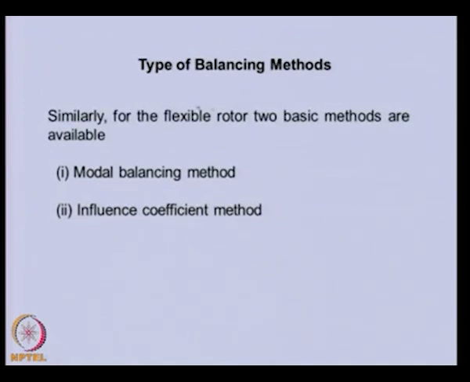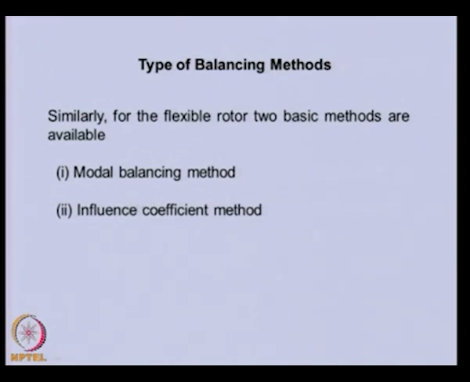In flexible rotor balancing, again there are two basic methods. One is the modal balancing method, in which we try to balance the rotor for various modes: first mode, second mode, third mode, like that. The second is the influence coefficient method, which is more advanced, in which the concept of the influence coefficient for rigid rotor balancing is extended to the flexible rotor.